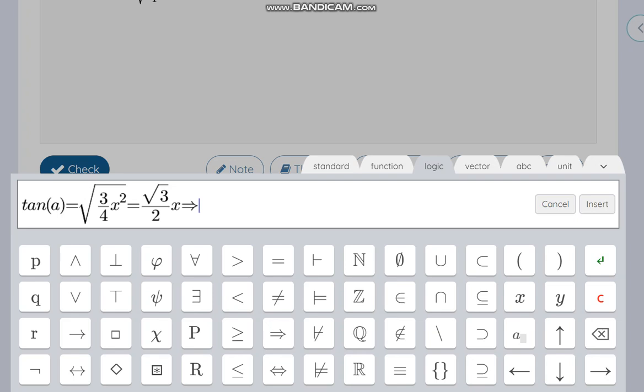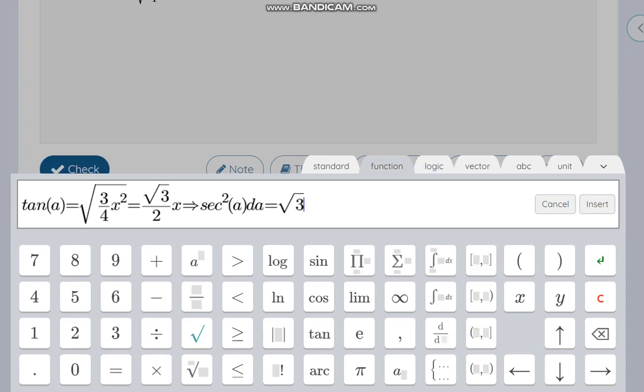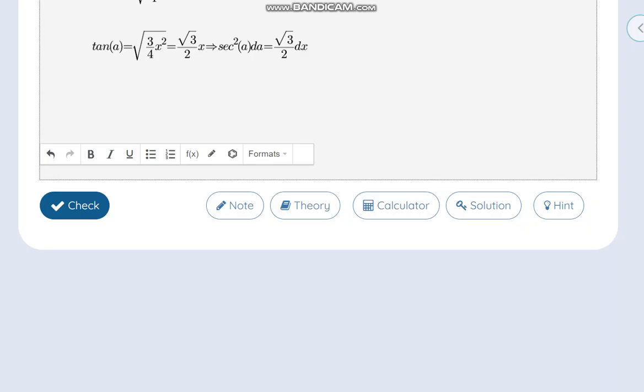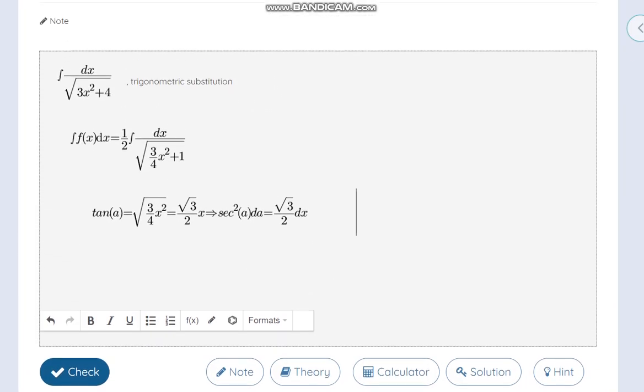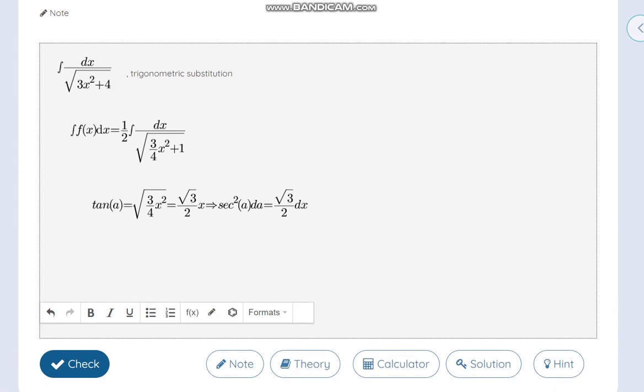The differentiation of tangent of a gives, I'm just going to write it in the second form, secant squared of a dA equals square root of 3/2 dx. Now if you look at the denominator, we have dx, but the thing that we don't have is square root of 3/2 dx.